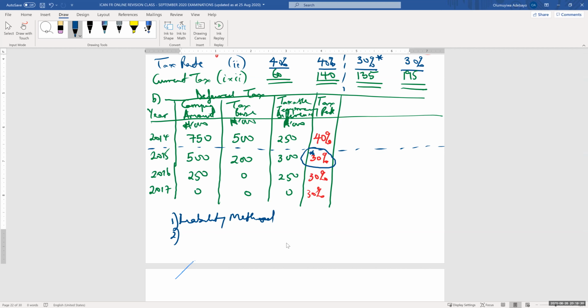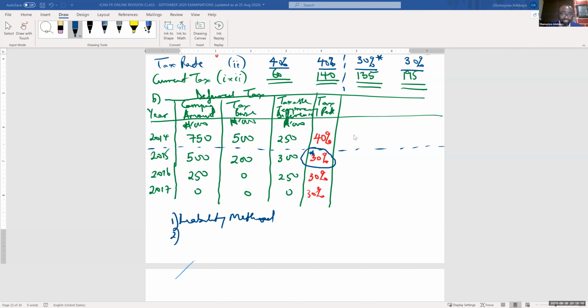Now, the liability method assumes that the effect of change in tax rates applies in the year the pronouncement was made, because by liability, there is a present obligation which shows that as at when it crystallizes, it's going to crystallize at the rate of 30%, not at the rate of 40%.